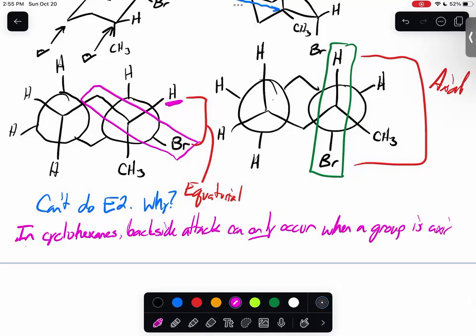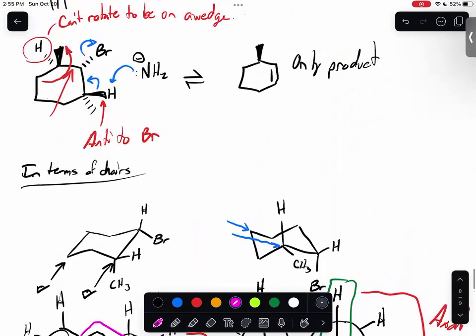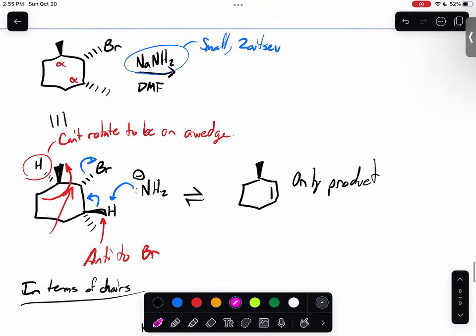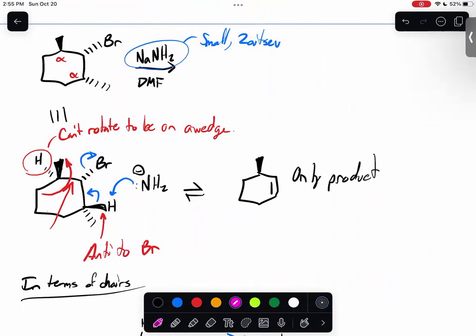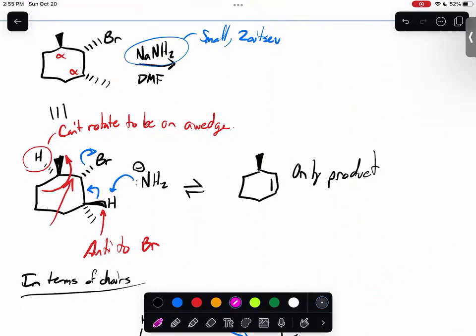There is no other time that it's possible to do a backside attack. That is going to be a well-touched-on subject whenever it comes to the actual practice problems we have, so keep that in mind. But otherwise, just keep in mind that since chairs can't rotate, only the hydrogens that are already in position to do elimination will be able to.